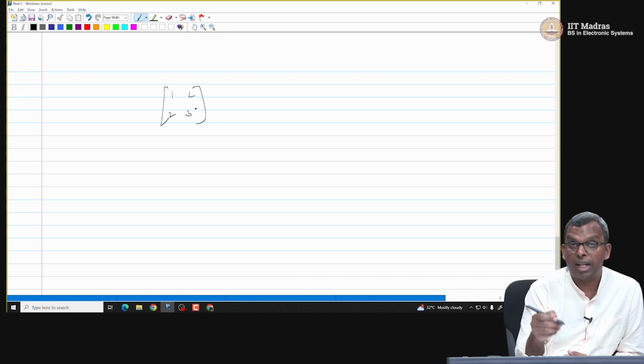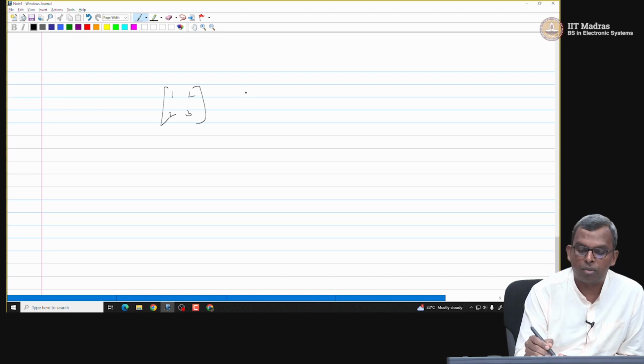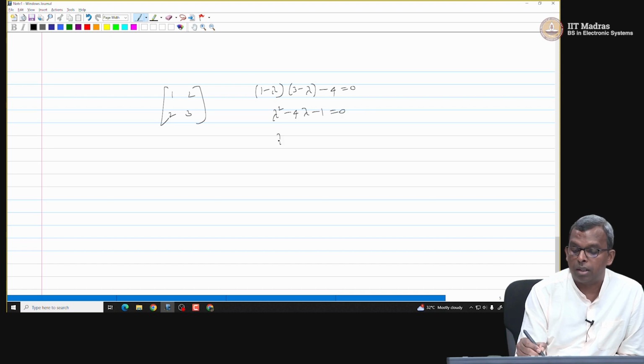If you remember, to find upper triangular, you need eigenvectors, eigenvalues and all that. So, let us find the eigenvalues. You have (1 minus lambda)(3 minus lambda) minus 4 equals 0. That is the equation. So, you have lambda squared minus 4 lambda minus 1 equals 0. You are going to get complex looking answers for this.